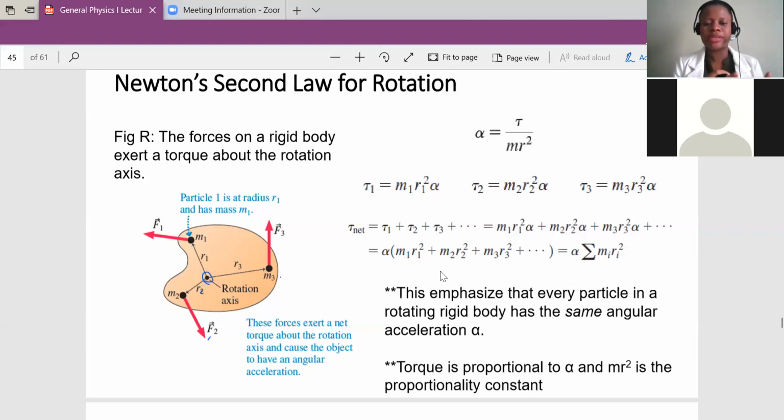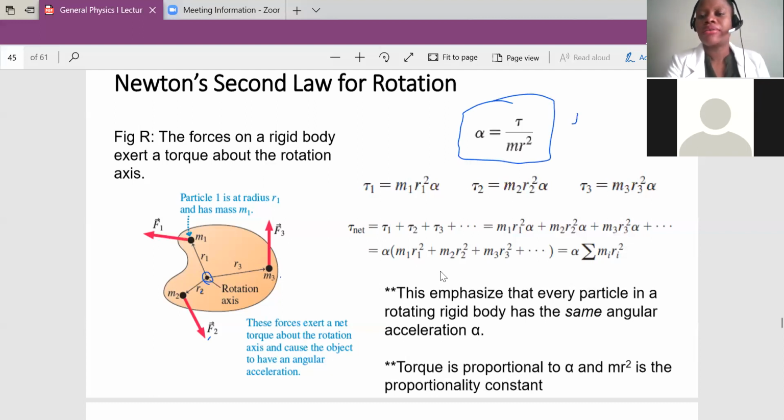All right, so the forces exert a net torque that will cause the object to rotate. And as the object begins to rotate, it will have angular acceleration. And we also emphasized that the direction of acceleration in rotational motion will always be the same direction as that of the force. So this is what we derived in the first case.